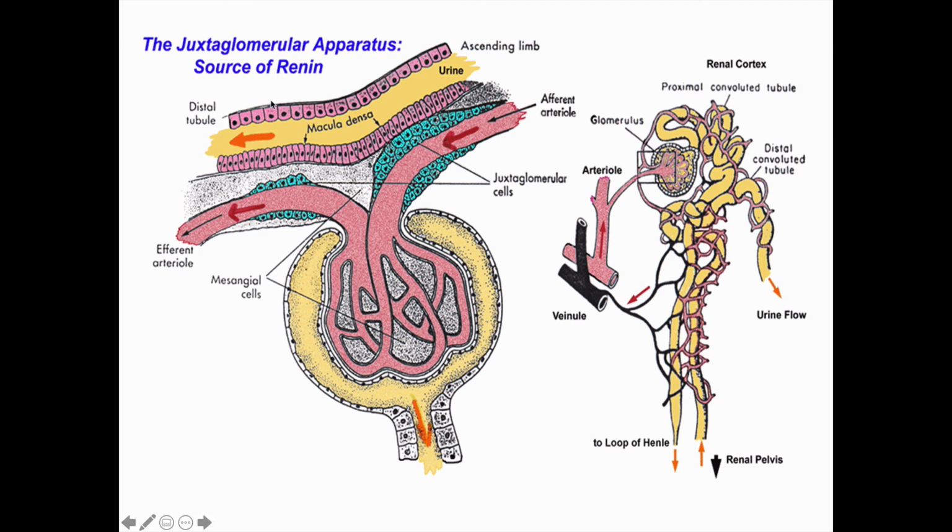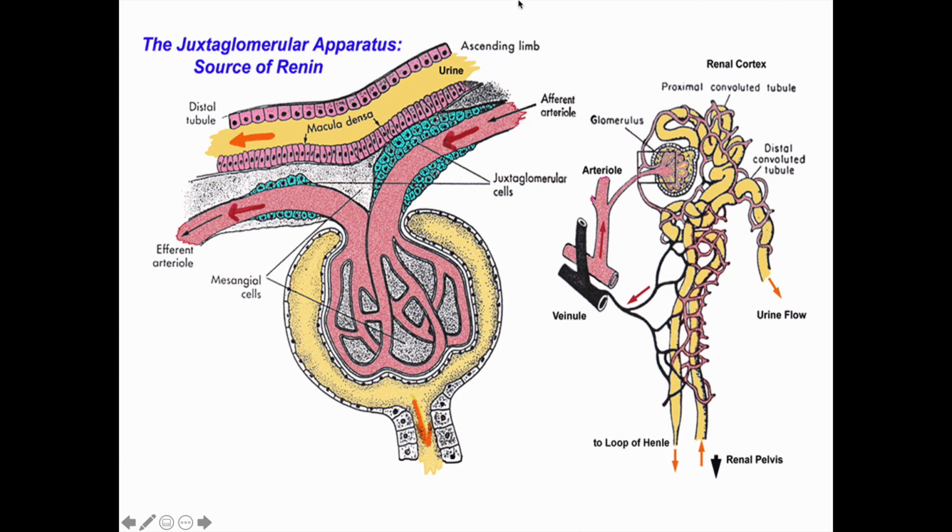So the macula densa cells act as chemoreceptor cells, and the juxtaglomerular cells act as mechanoreceptor cells. Both of them decide how much urine has to be filtered and how much salt has to be filtered. All of this is decided by these two types of cells, the macula densa cells and the juxtaglomerular cells.